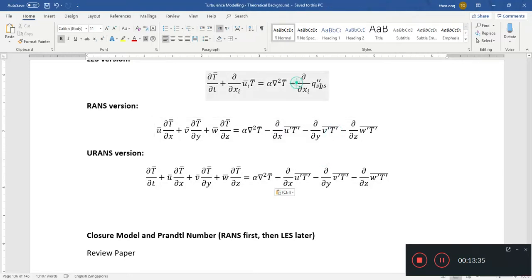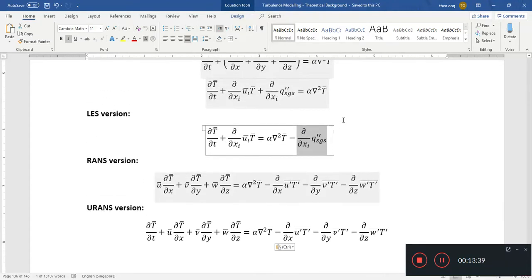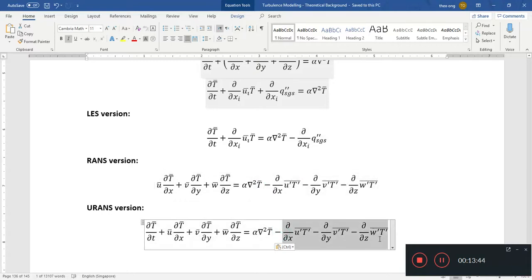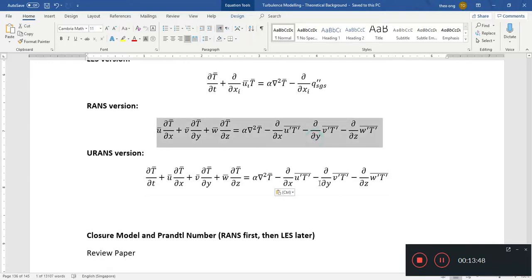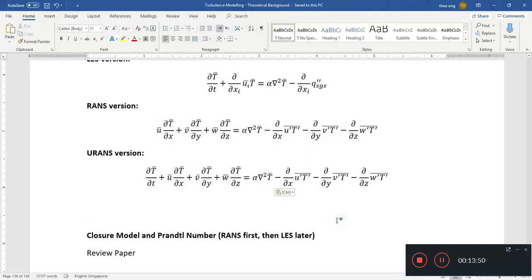So this is the closure for the LES version. This is the closure problem we have to solve for the RANS version. Now this should be the final form. Hopefully there's nothing more.